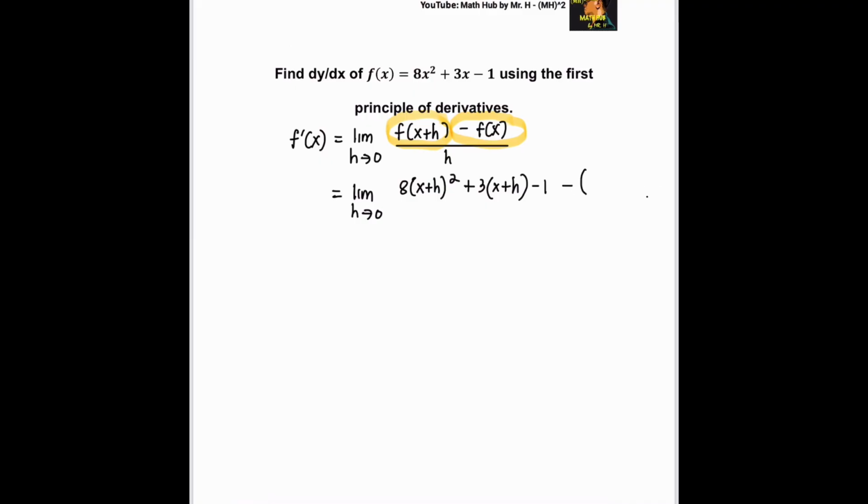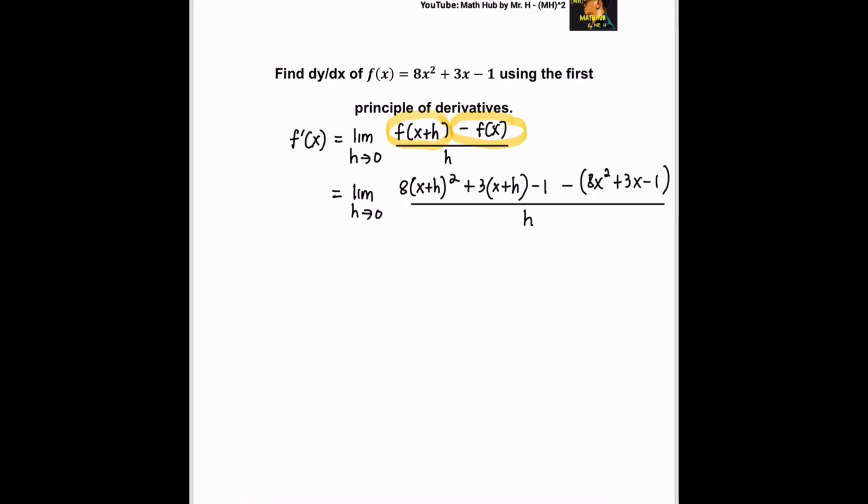So basically all the signs of the terms will be changed later. Divided by h. So we're not replacing the h there. So it's just going to be there because later we will be applying the limit.